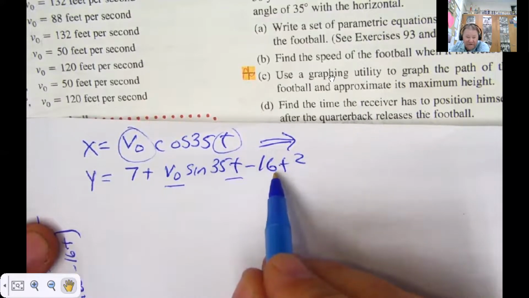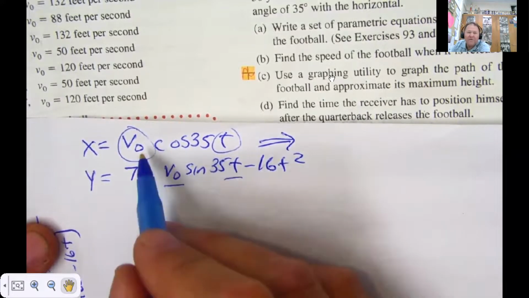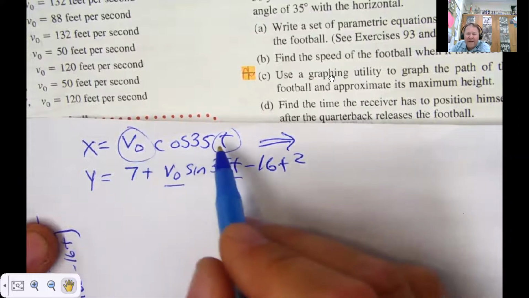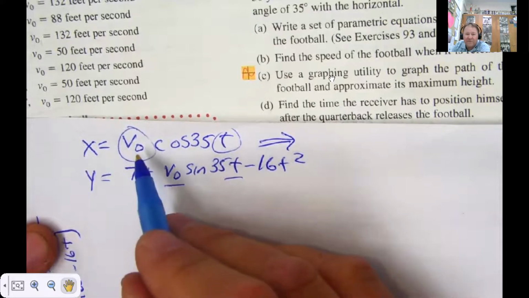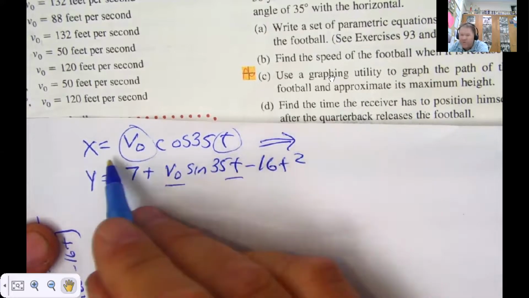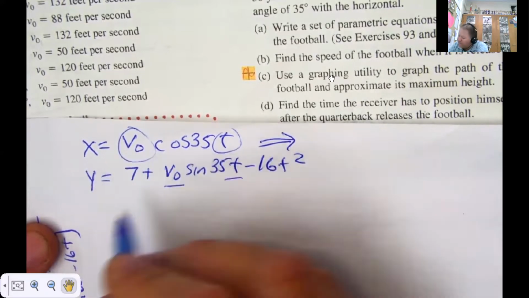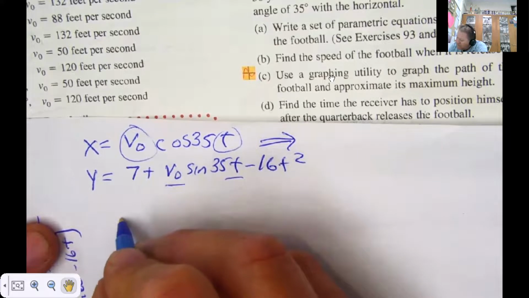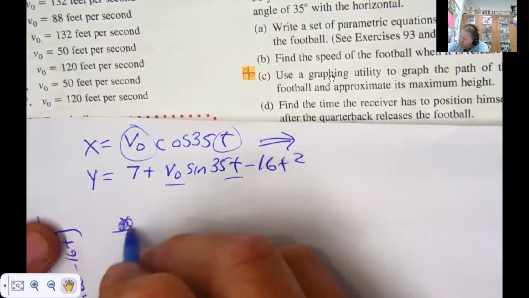And once I know t, I think this will work, then I could substitute back in for t here and figure out the initial velocity, I believe. Okay, let's try it. So if I divide both sides by the cosine of 35 here, I get x over, okay, that's not going to work. Give me a second here.